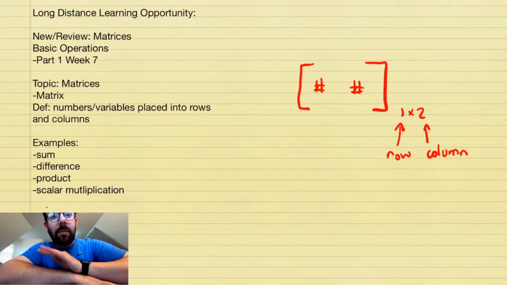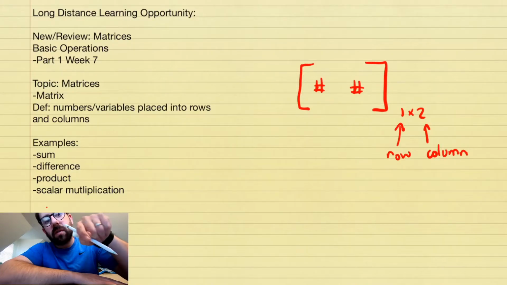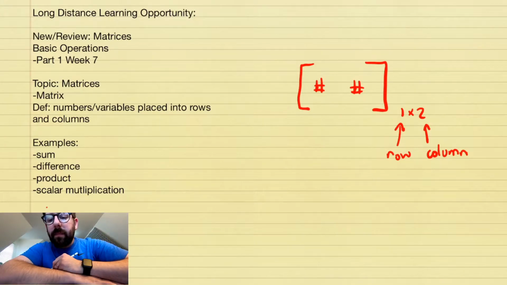Now, to add matrices together, matrices is the plural form of a matrix, they have to be the same dimensions, the same size. These two numbers that you're seeing here have to be the same for you to add or subtract them. If they're different in any way, maybe one number is off, and so the matrices look different, you can't add or subtract them. Multiplication is different, products.